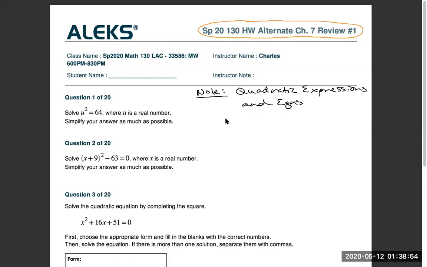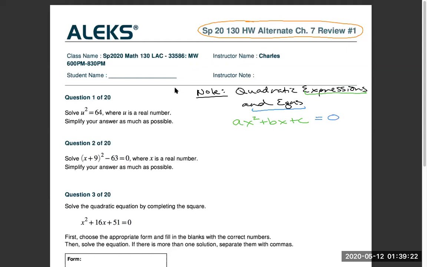So we're looking at expressions. Let me make this a different color. Expressions of the form ax squared plus bx plus c when expanded. And the equation part, you want to be able to solve when this is equal to 0.